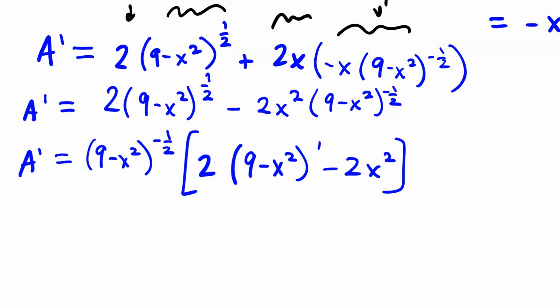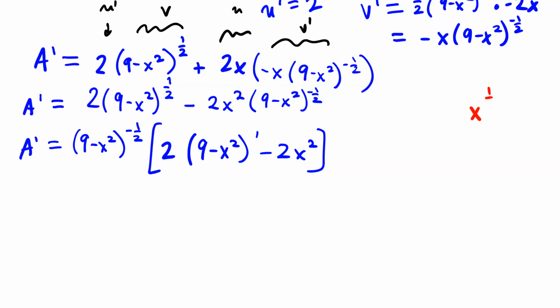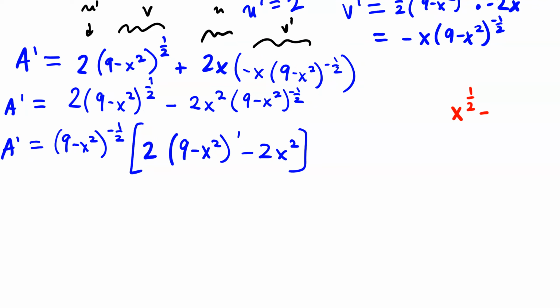Do you want me to show you how I did that? No, I got it. Okay, let me do it this way. If I have x to the 1/2 minus 2x to the negative 1/2, I'm pulling out a negative 1/2.